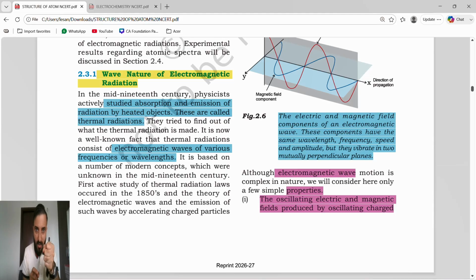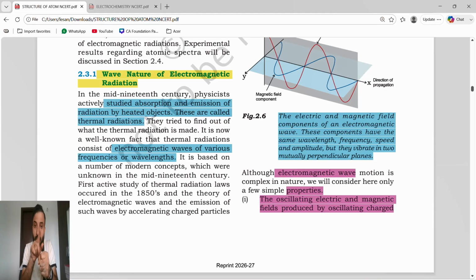First it absorbs the heat, and it becomes a heated object.